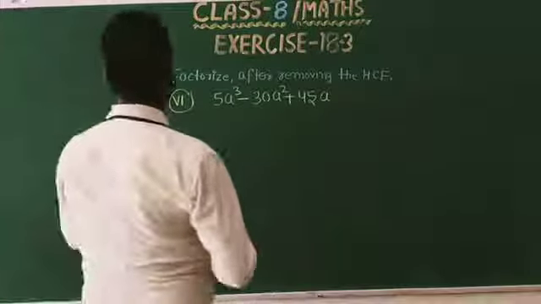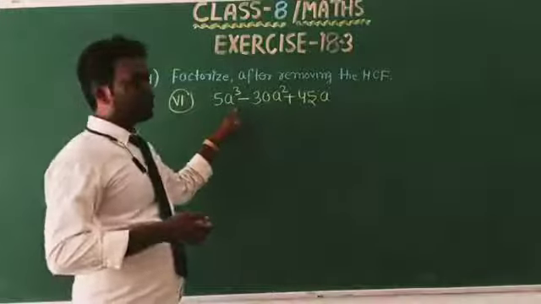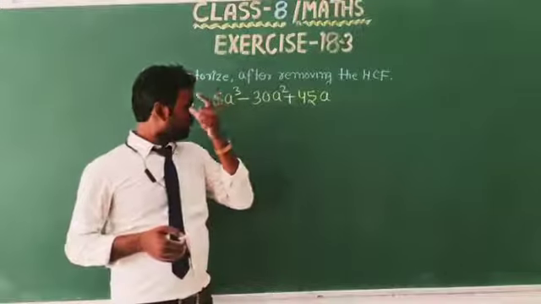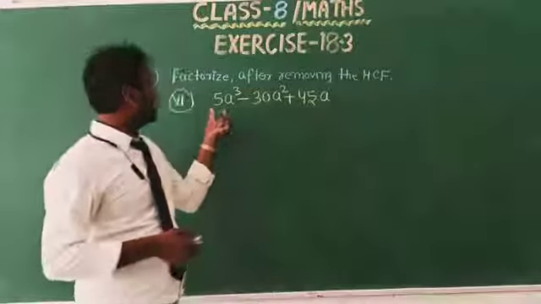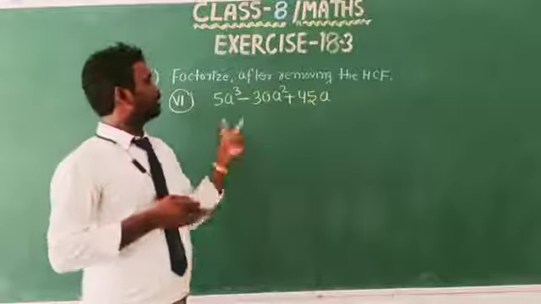So this is the sixth part of question number 4. 5a to the power 3 minus 30a square plus 45a. We have 5a as a common factor in all three terms.